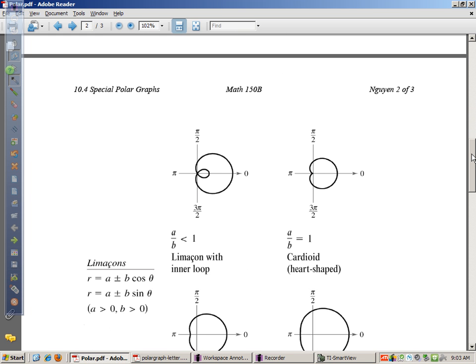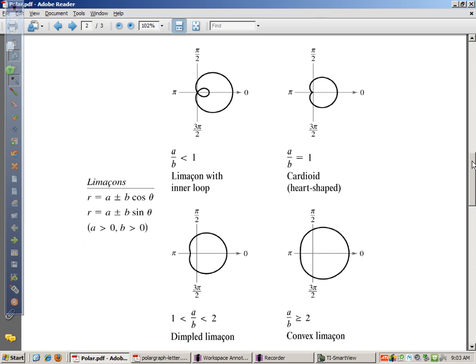We graphed a couple of these already. These are all called limaçons. And the cardioid and the one with the loop are just different kinds of limaçons. Limaçons all have the equation r equals some number plus or minus sine theta or cosine theta. Sometimes we get a loop with a limaçon. Sometimes we just get a dimple with a heart shape.